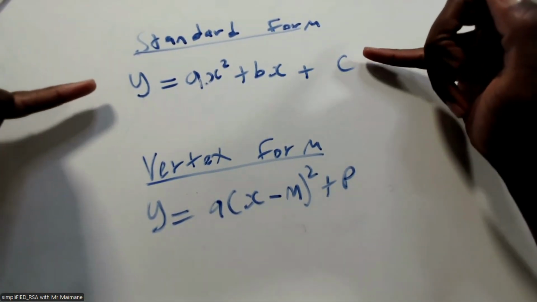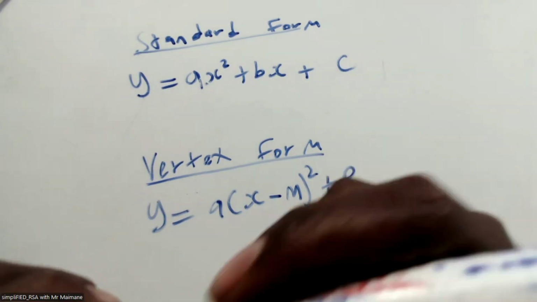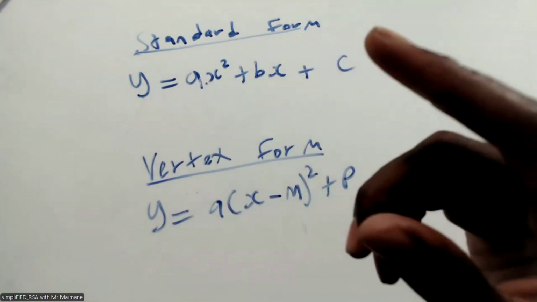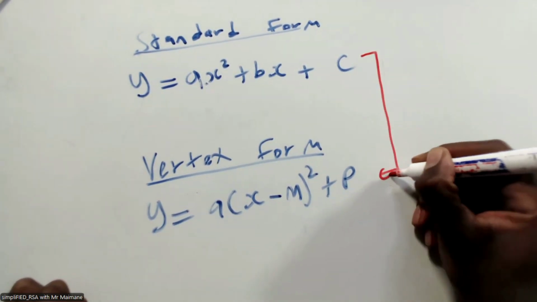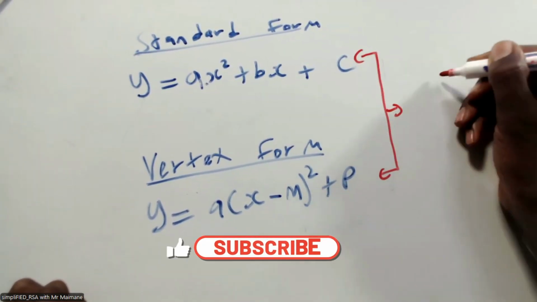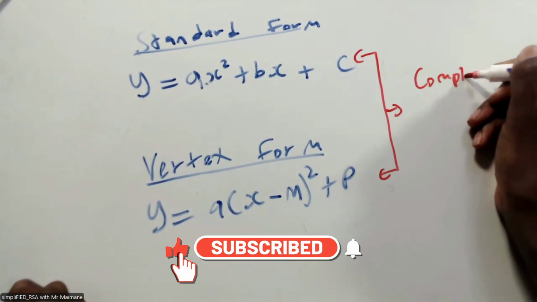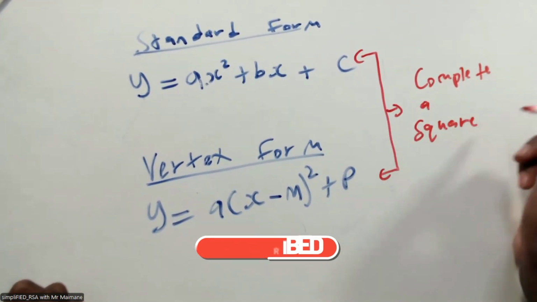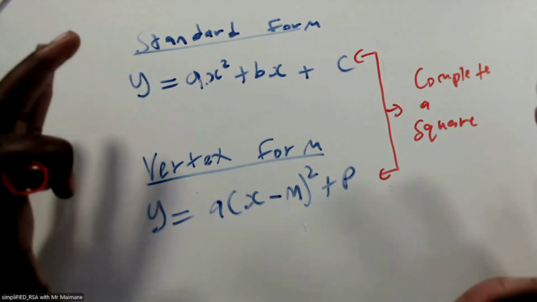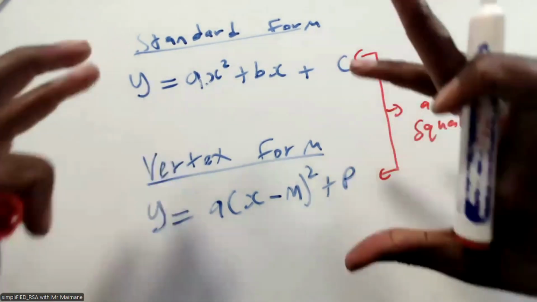So to move from here to here, you must complete a square, guys. And there are some videos where I show you how to complete a square from here to here.